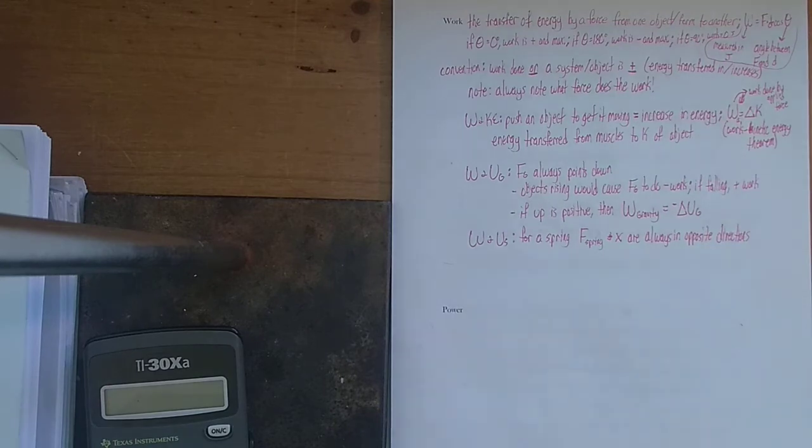Okay? If you try to lengthen the spring, let's say you're stretching it to the right, the spring pulls back to the left. If you try and compress the spring to the left, the spring pushes back to the right. So those are always in different directions.